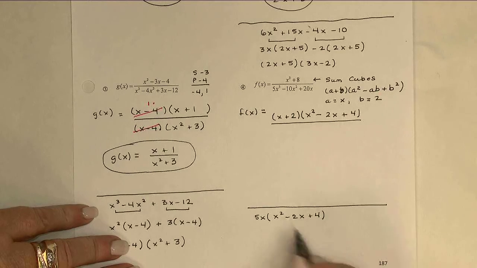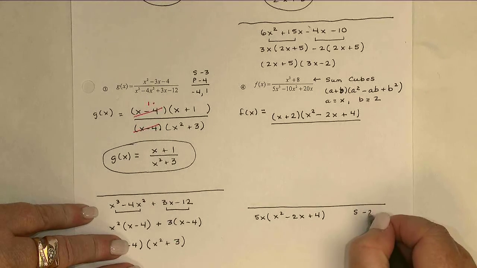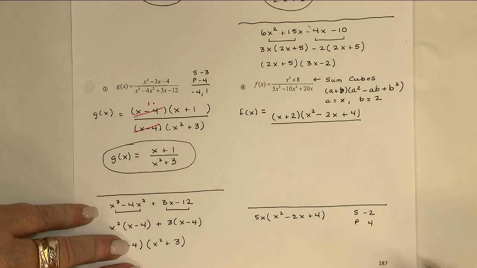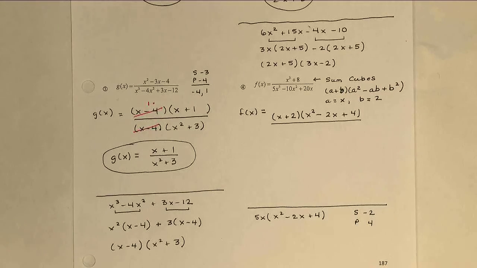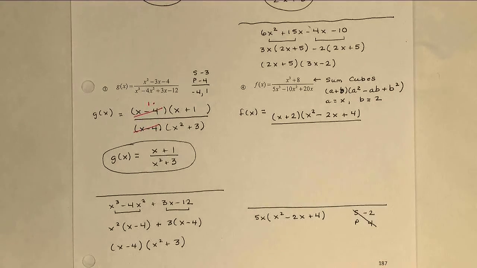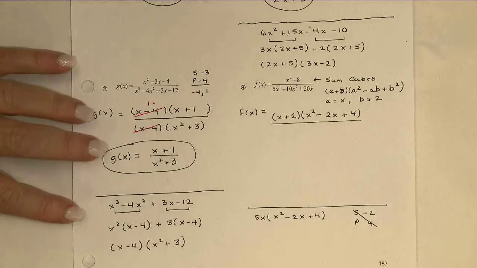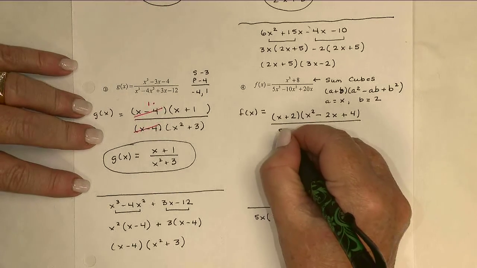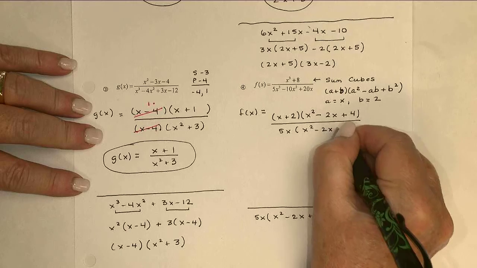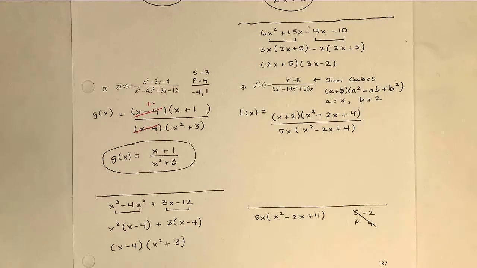Inside the parentheses, I'd be looking for a sum of negative 2, product of 4. But since 4 is 1 times 4 and 2 times 2, I'm not going to get that anywhere, so I can't factor anymore. And actually, I guess I could have put it right in up here, but let's bring it back up. This is the fully factored form. Doesn't factor any further.